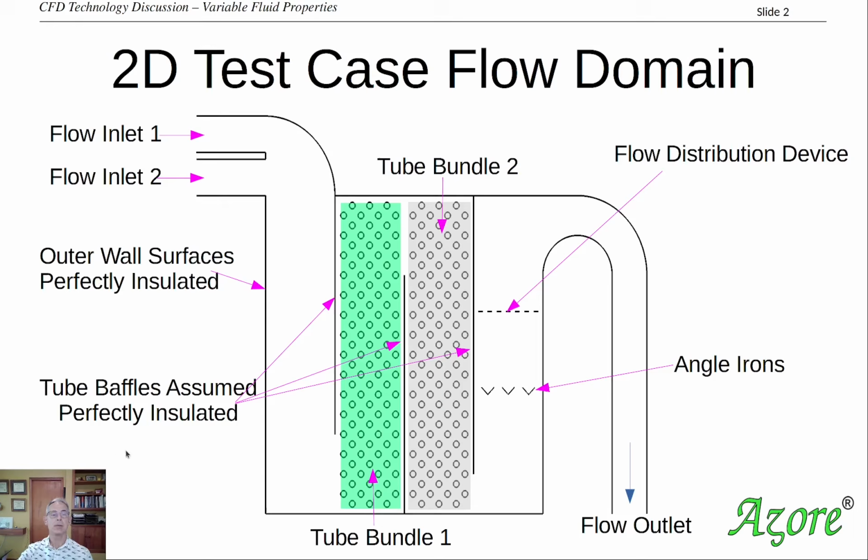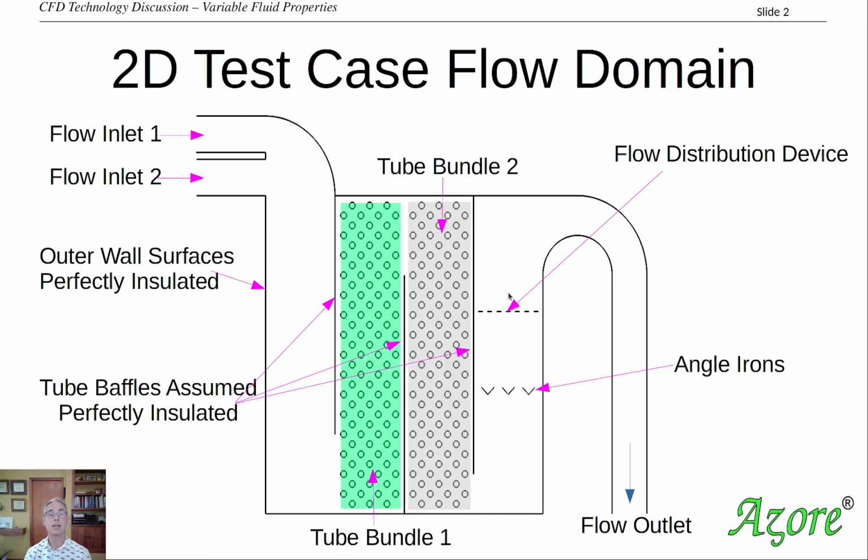The other thing that we're going to assume in this particular test case is that there is no heat transfer through these baffles between each one of the tube banks. That'll simplify the energy analysis between and through these tube bundles. So that's the gist of this flow case that we're interested in modeling.